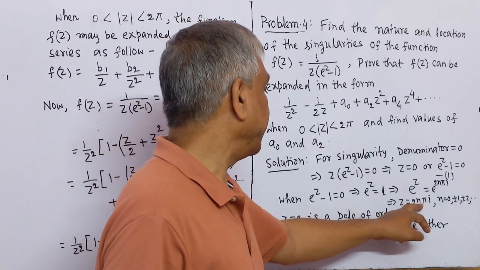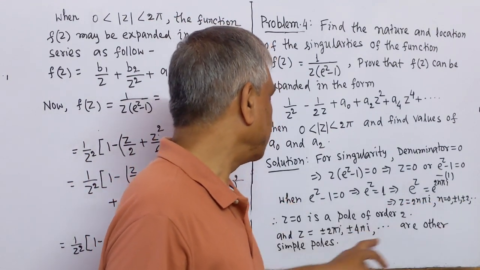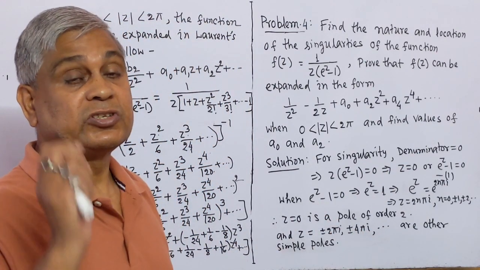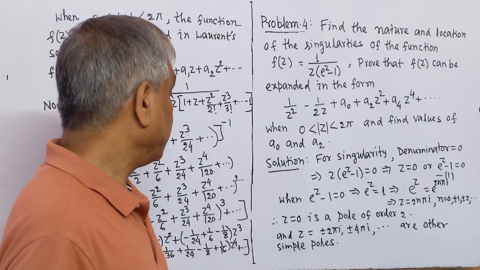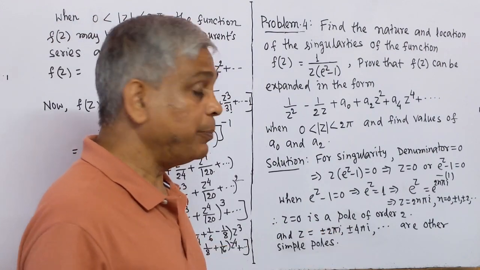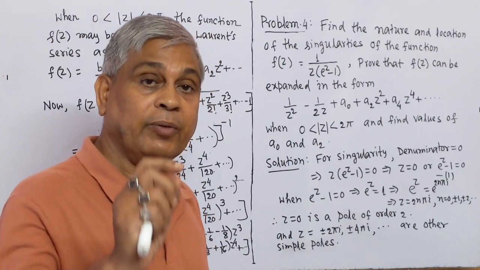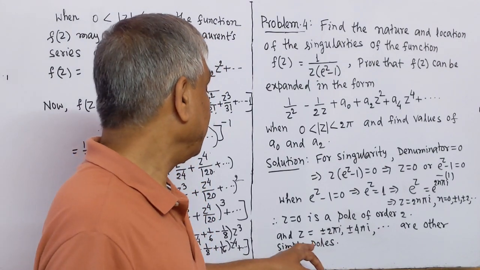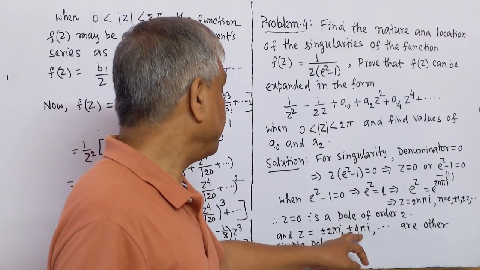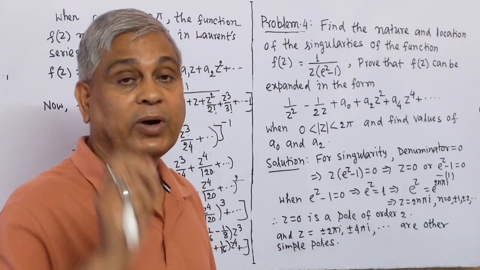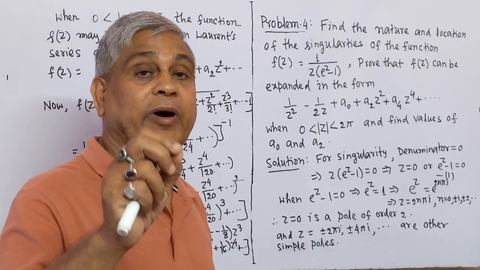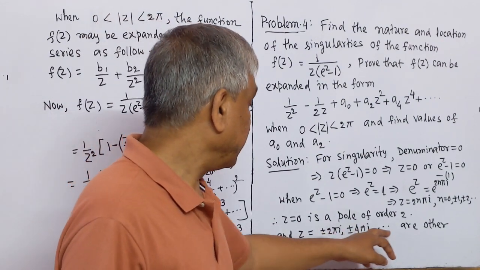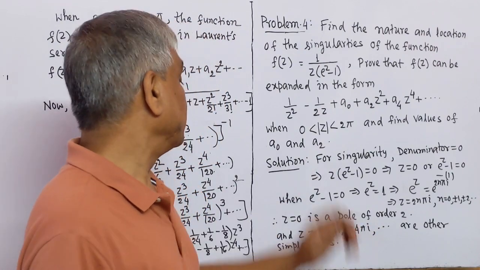Putting values of n plus minus 1, plus minus 2, we get these. These are simple poles because 2 pi i appears once, minus 2 pi i appears once. Similarly, z equal to 4 pi i appears once, minus 4 pi i appears once. So these are other simple poles.